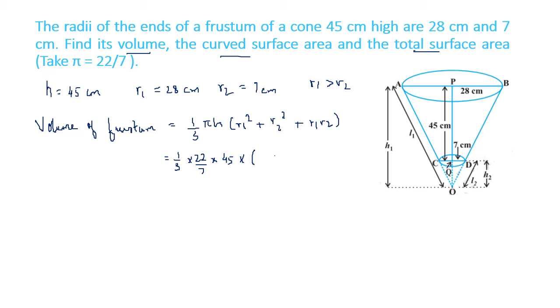So we have 7 square is 49, plus R2 square, that is 28 the whole square, 784, plus R1 into R2, that is 28 into 7, that is 196.